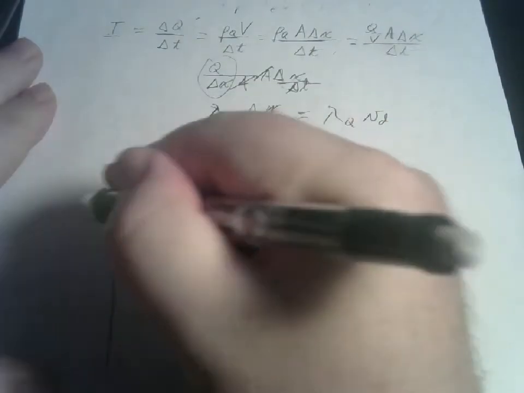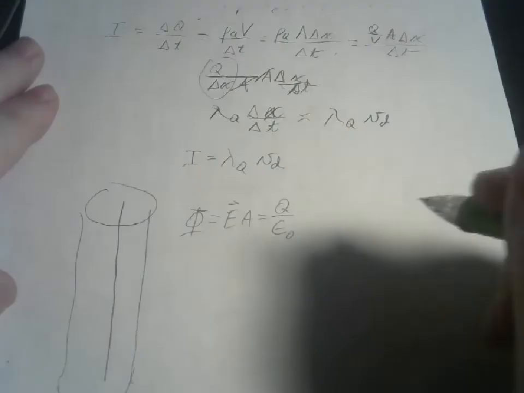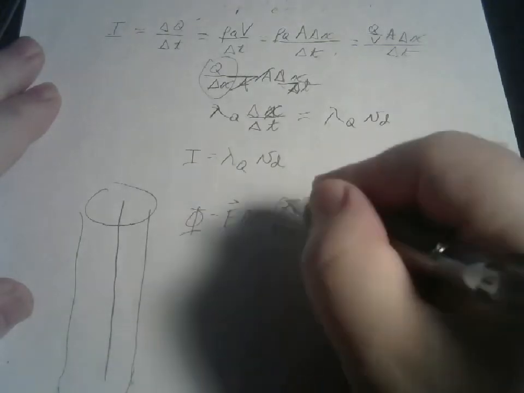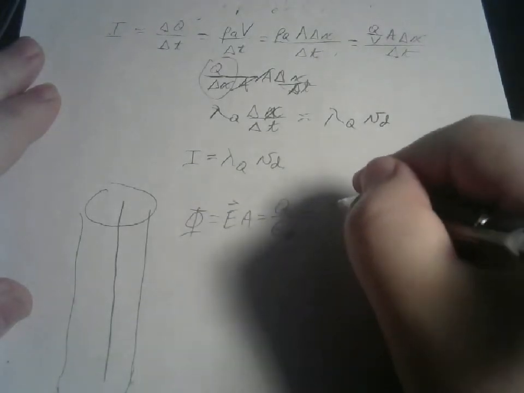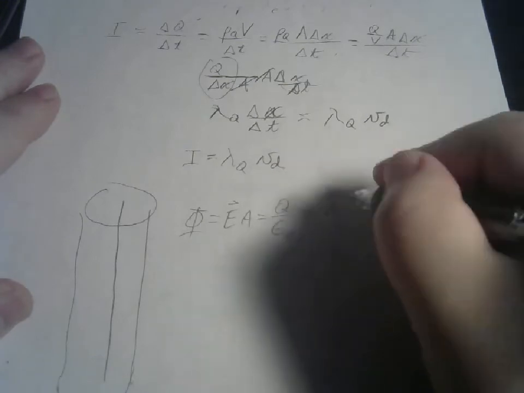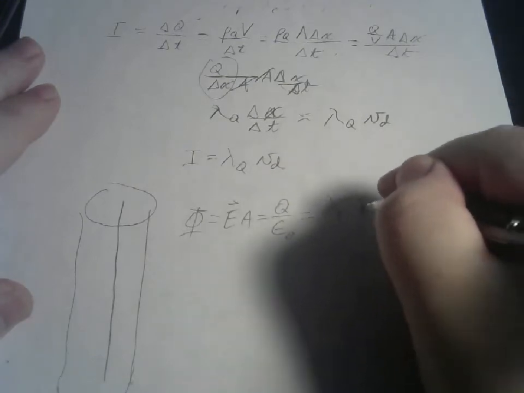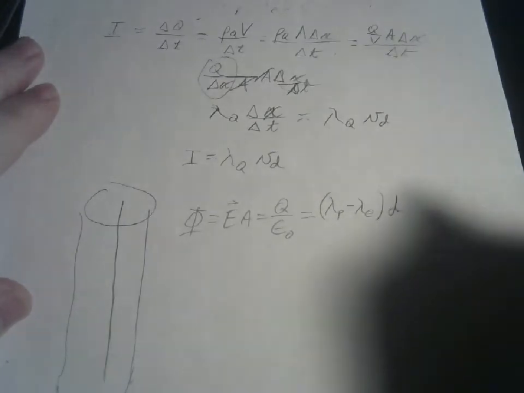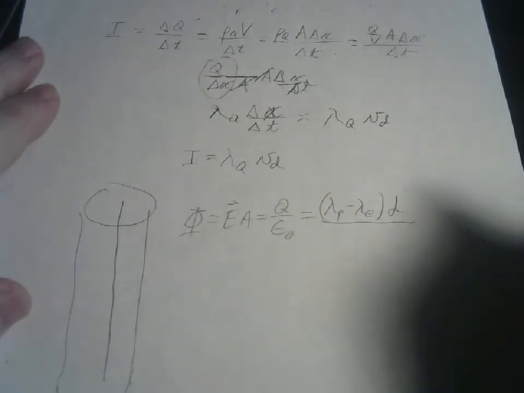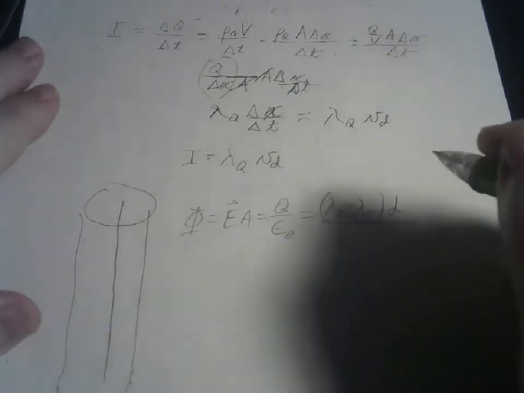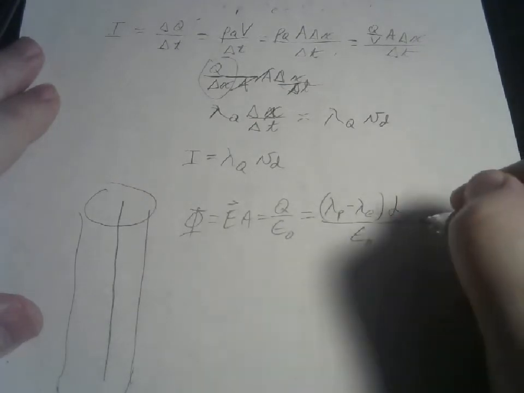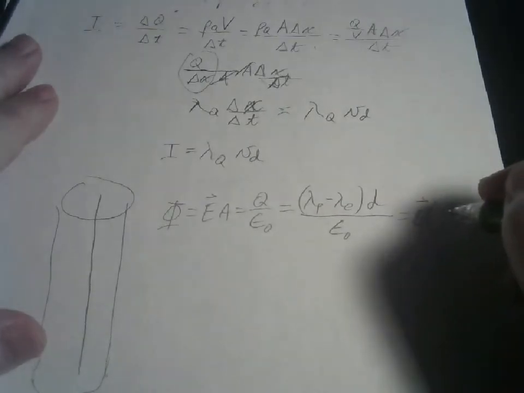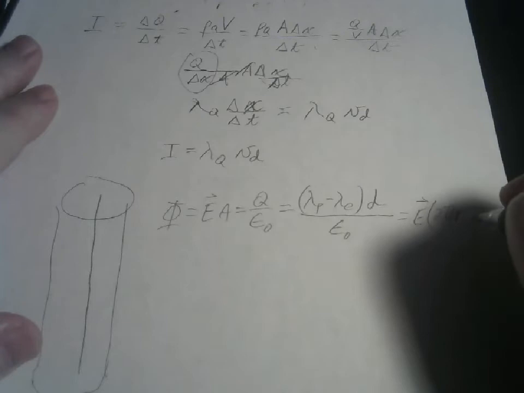Here we've got a wire enclosed by a cylinder, so the charge enclosed is going to be lambda of the protons minus lambda of the electrons times d, and then the area enclosed over epsilon naught equals the electric field times the area, which is 2 pi r times d.